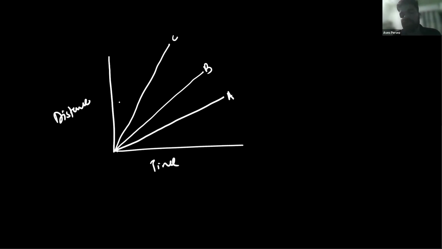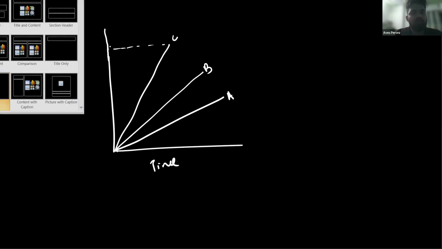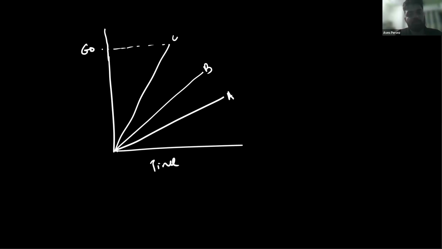If I ask you which car is traveling faster, A, B, or C, you see that this is 60 kilometer, this is 40 kilometer, and this is 20 kilometer.